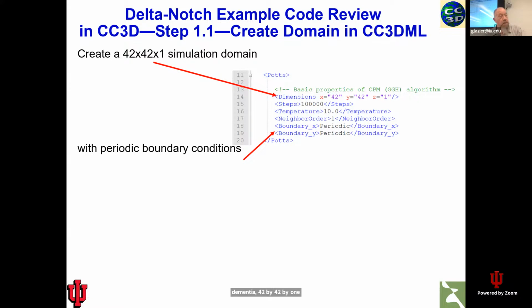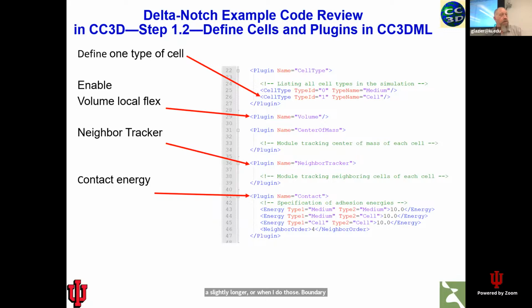Run it for a long time. Temperature fluctuation amplitude of 10. Neighbor order of 1 in this case, which means somebody else wrote it because I usually use a slightly longer neighbor order when I do those. Boundary periodic in X and Y. And then we defined a single cell type, which we called cell, of a bare volume plugin.